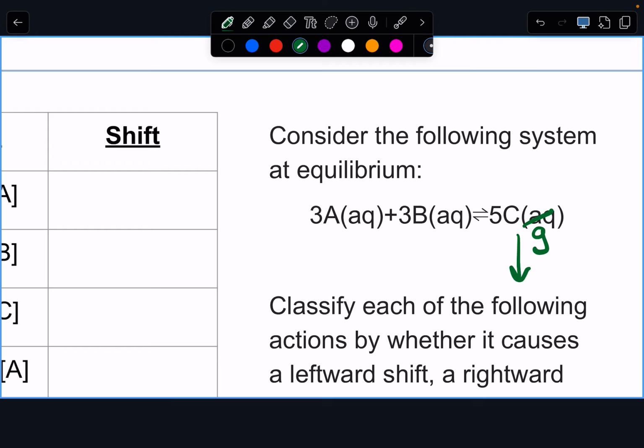The system knows that you've messed up its balance point, and so it goes towards the products to make more of the gas. So I remove the gas, that's the green thing. The system shifts to reform that gas. And in the process, you use a little bit of the A, a little bit of the B, they react and form some more of the C.